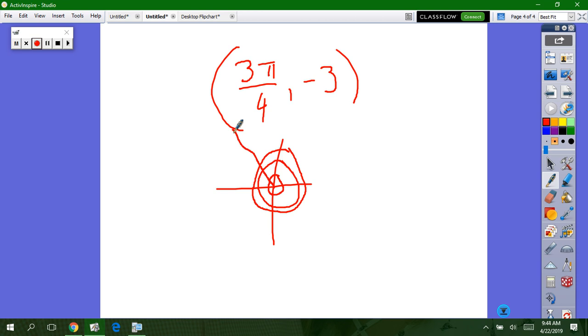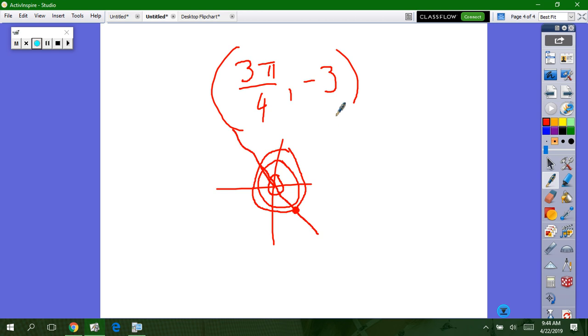Half of that quadrant. So once again, but it's a negative radius, so what do I need to do? I need to extend this and push through to the opposite quadrant, and make it on its third radius. So right there. If you ever have a negative radius, you push through and go into the opposite quadrant.